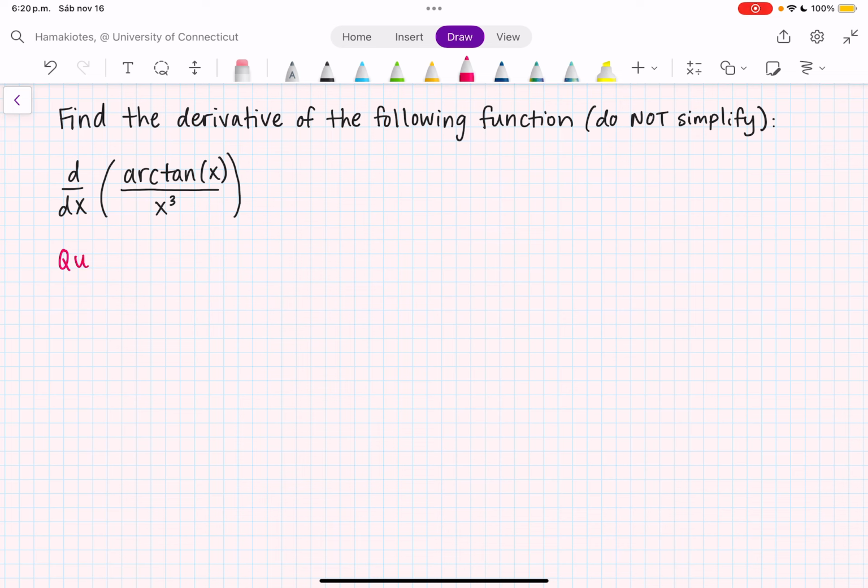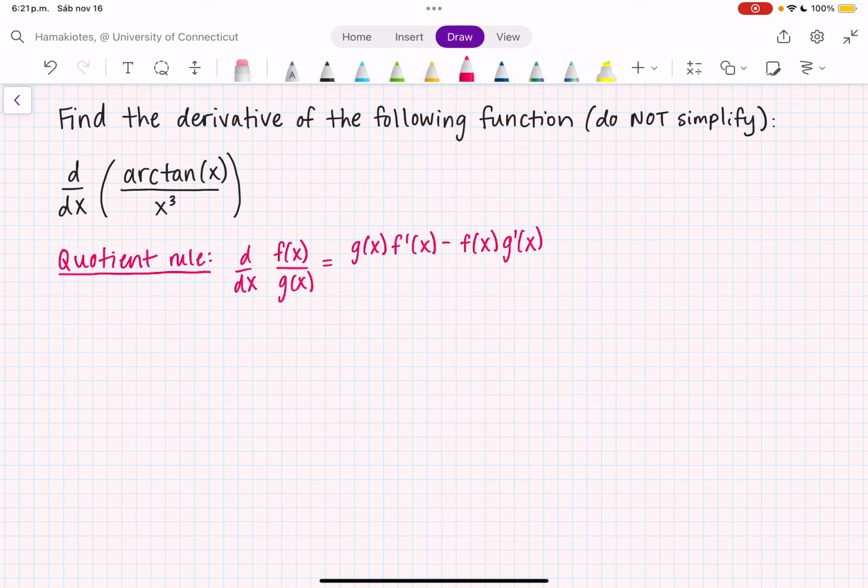So first, let's review what the quotient rule says. The quotient rule tells me that if I'm going to take the derivative of a function f of x over g of x, the derivative is g of x times f prime of x minus f of x times g prime of x all over g of x squared.